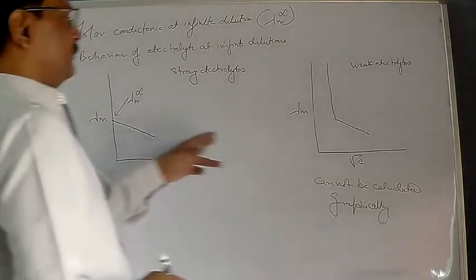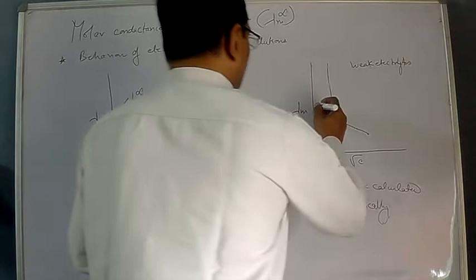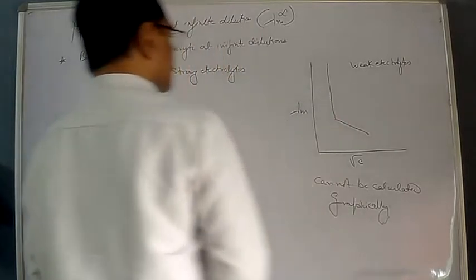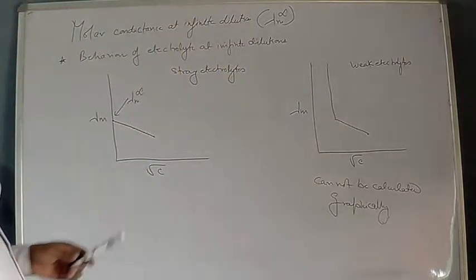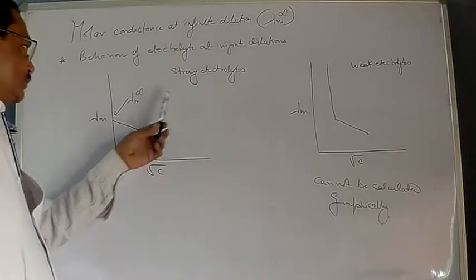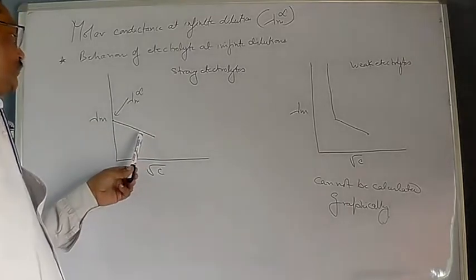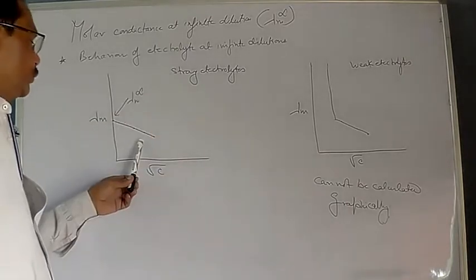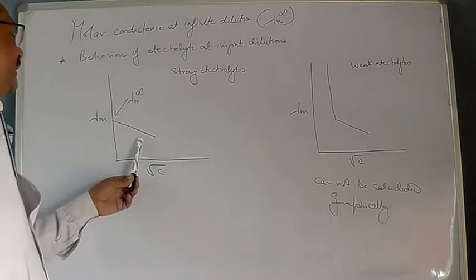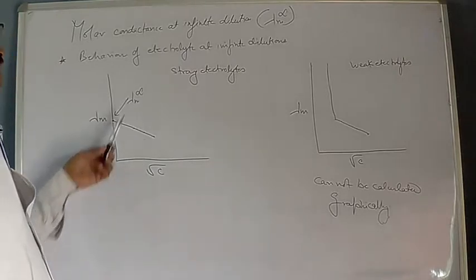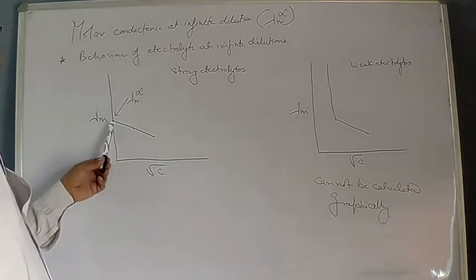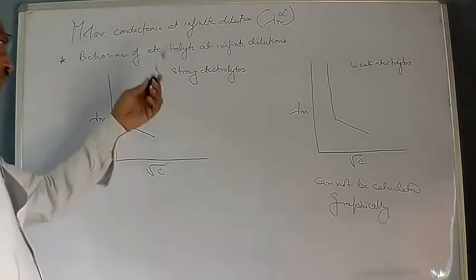So these two graphs should come in your register. You will explain both the things. In a strong electrolyte, I repeat again, since they are almost dissociated, if we further dilute them, they show very minimal increase in conductance, and hence the graph is extrapolated, and we can very well find the molar conductance at infinite dilution for a strong electrolyte.